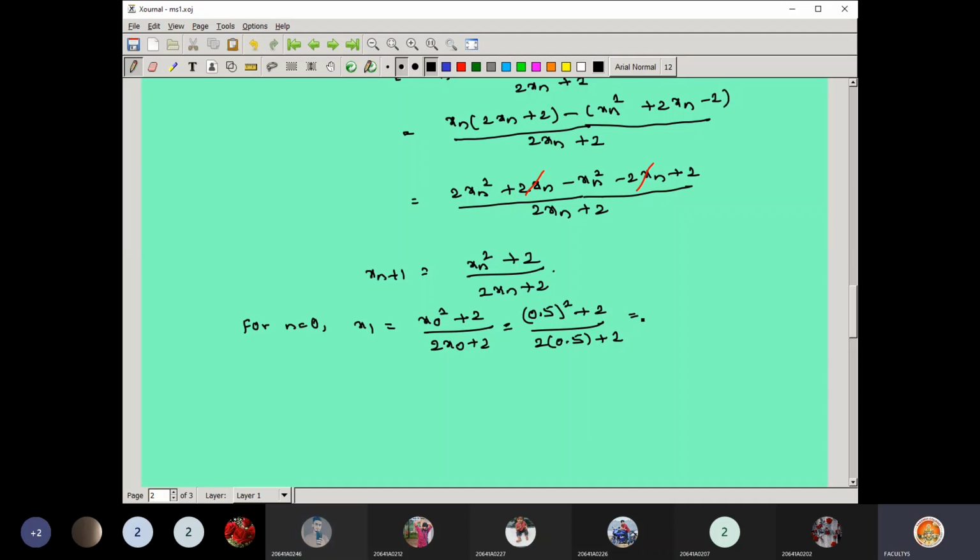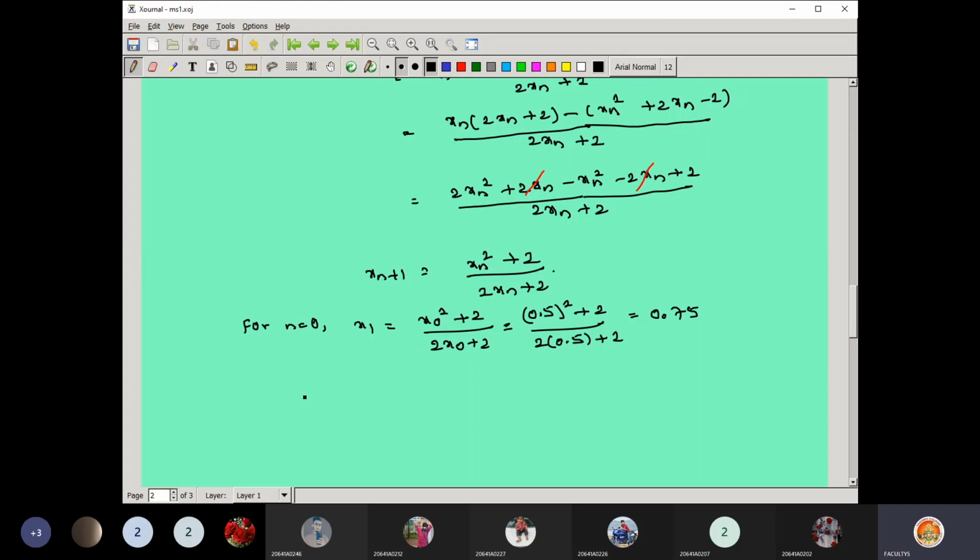Directly you are getting 3 by 4, or I can say 0.75. Right. So first root is 0.75.